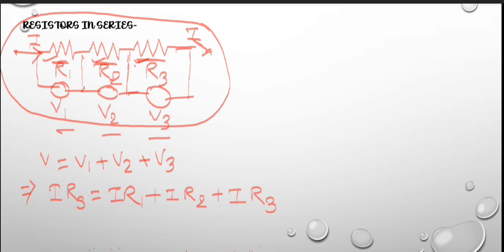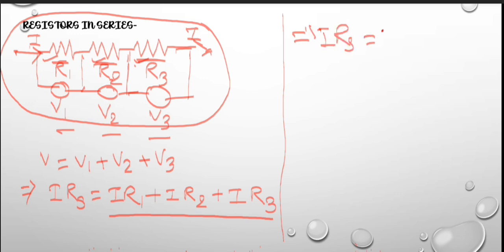Okay, students, in all these three we have one thing in common, that is I. I Rs is equal to I common, so we are left with R1 plus R2 plus R3, and similarly we can proceed further as well, but here we have taken three resistors only.